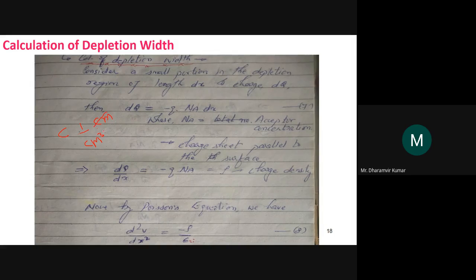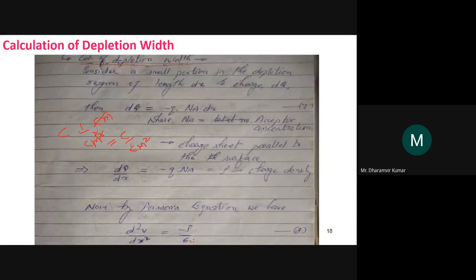So this centimeter will cancel with the cm cube, and we will be left with cm square. This will result in a unit of coulomb per centimeter square or meter square. This C is for coulomb, and this cm is centimeter. It can be a meter.